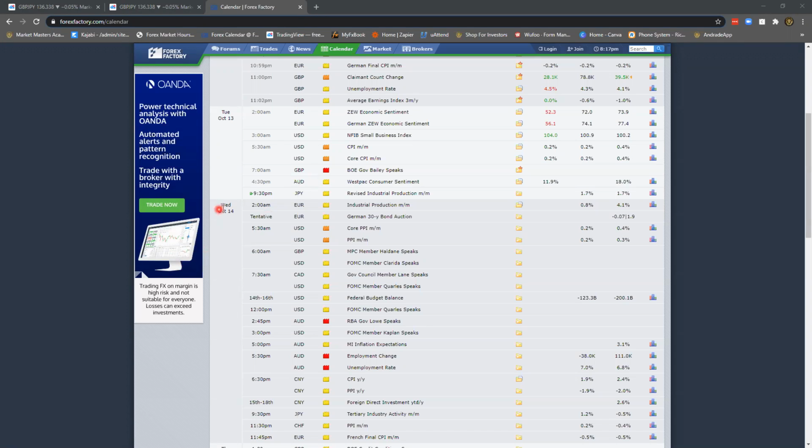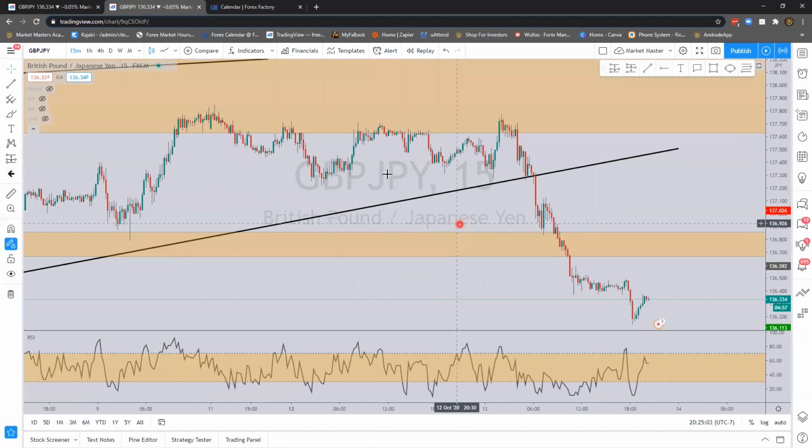So I don't really go off of the news. I look at what type of impact's happening with the news, but I'm not going off of like the expected rate change or anything like that. I'm not following the currency and seeing like news or anything. I'm just placing trades off of my analysis.